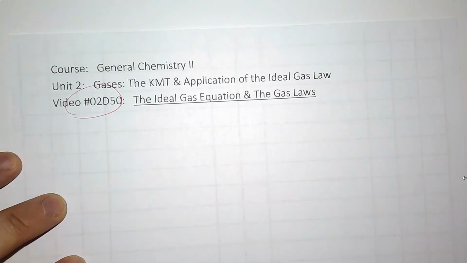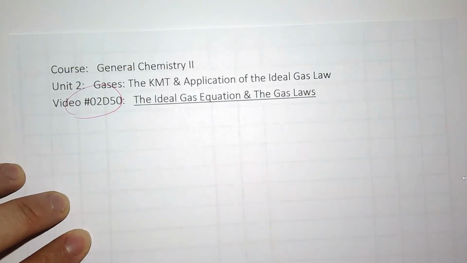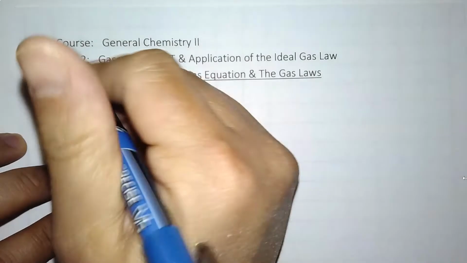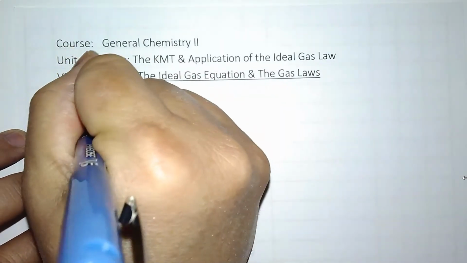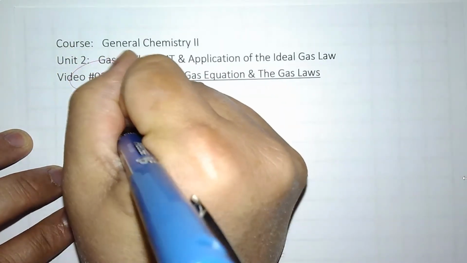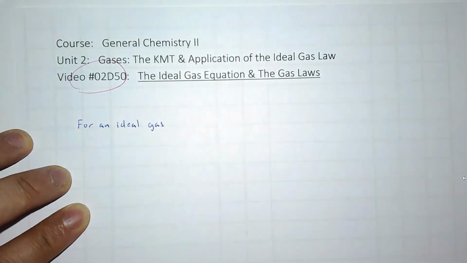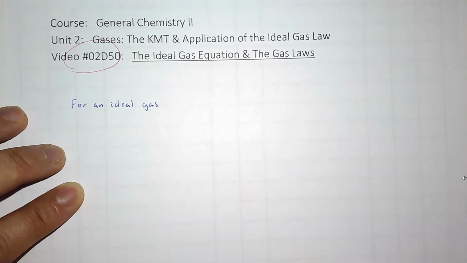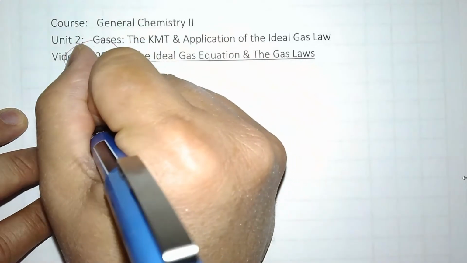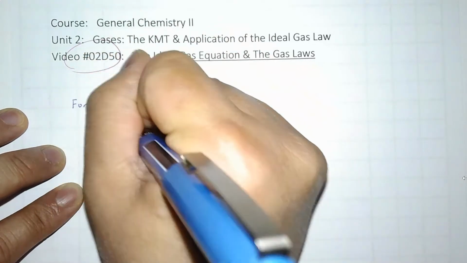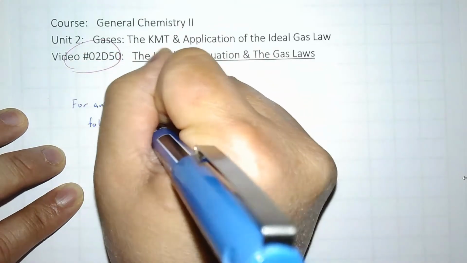PV equals nRT. But before I give you that, this is for an ideal gas, meaning that it follows the kinetic molecular theory. It follows the KMT.